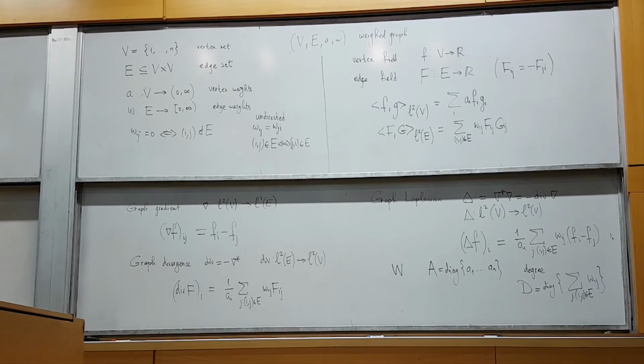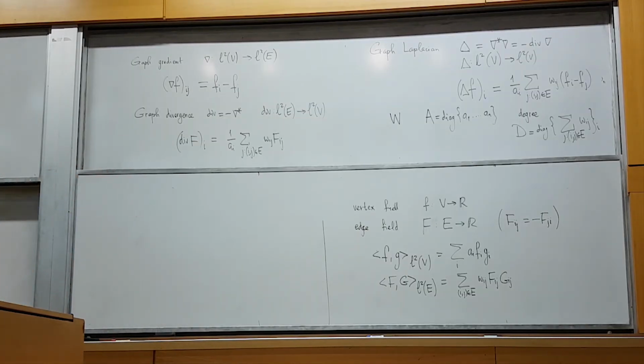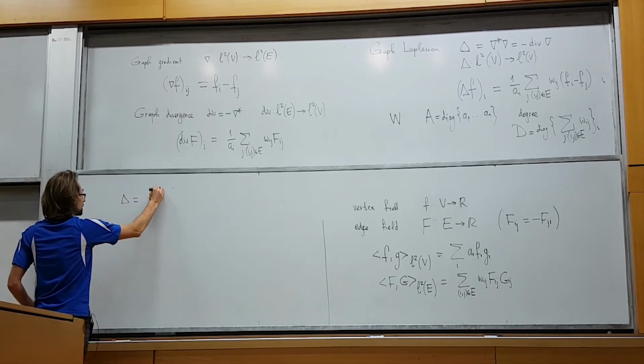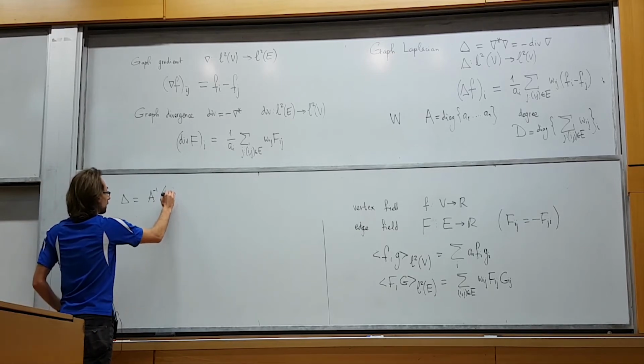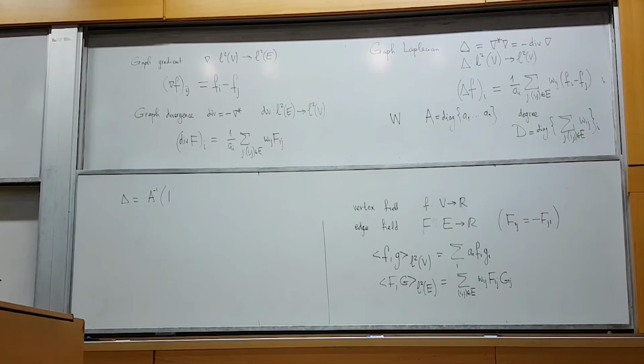Well, of course, it's the diagonal over i, right? So once we define it this way, the Laplacian can be simply written as A inverse times D minus W, right?